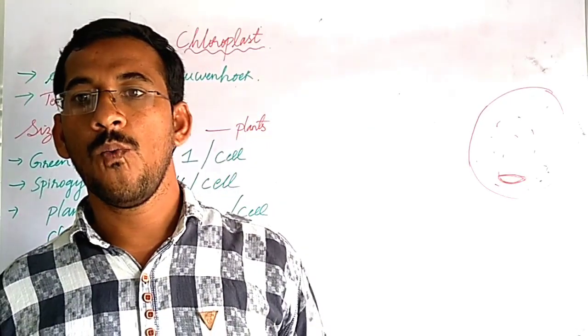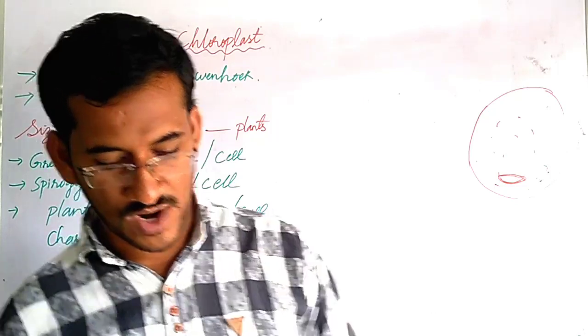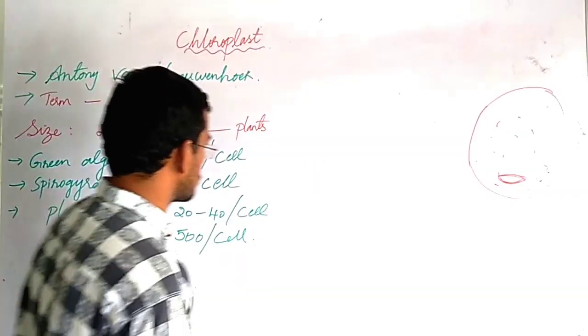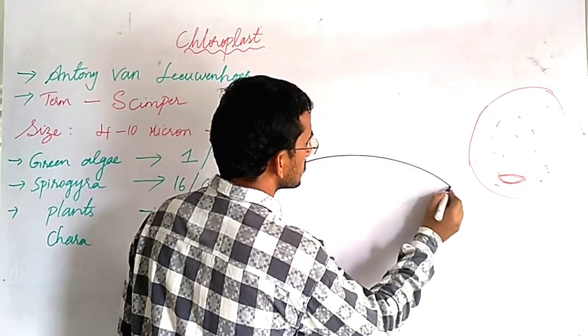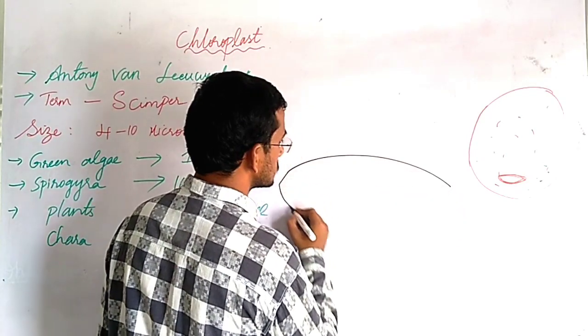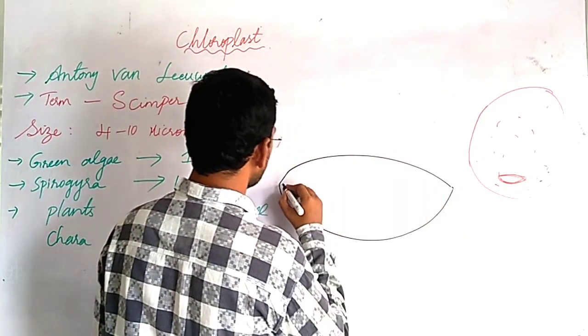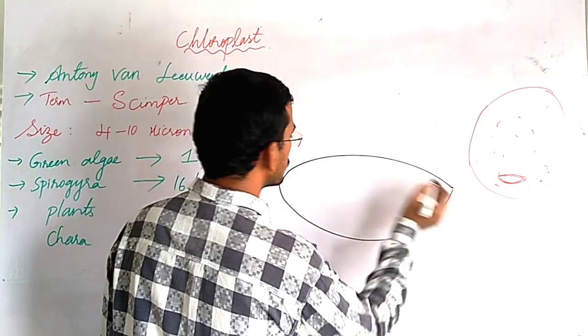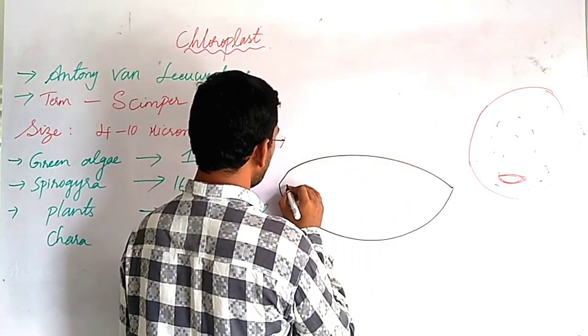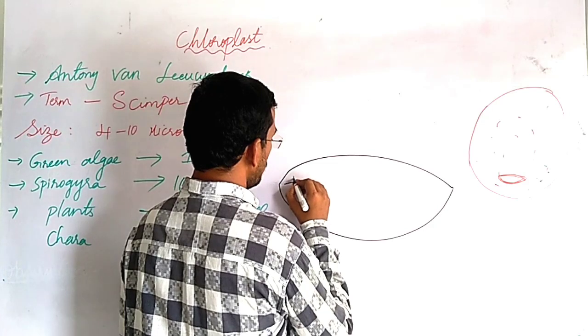Now, let us see a small diagram of the chloroplast. Generally, these are cup-shaped structures, or we can say oval-shaped. These are made up of two membranes. This is the outer membrane, and this is the inner membrane.